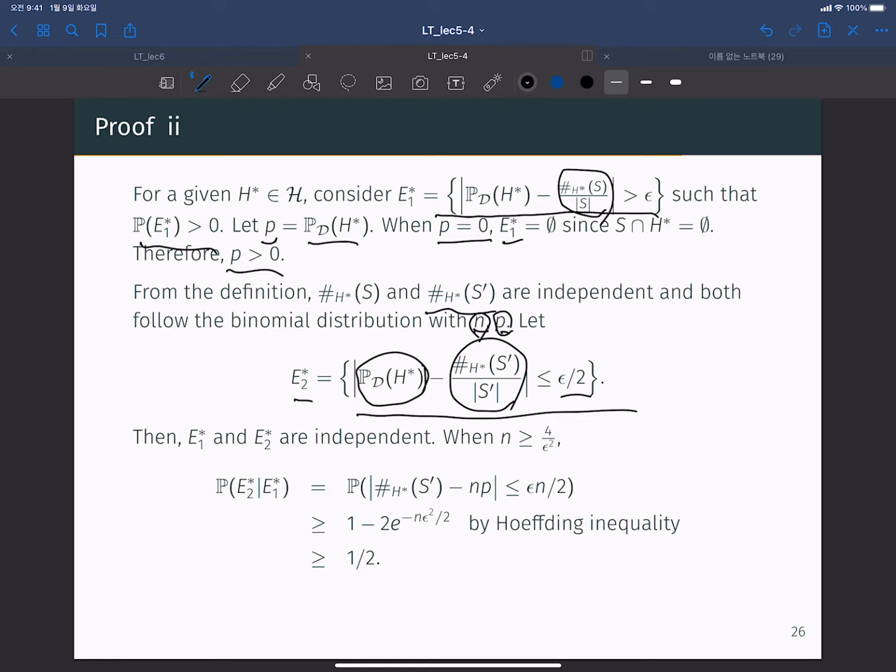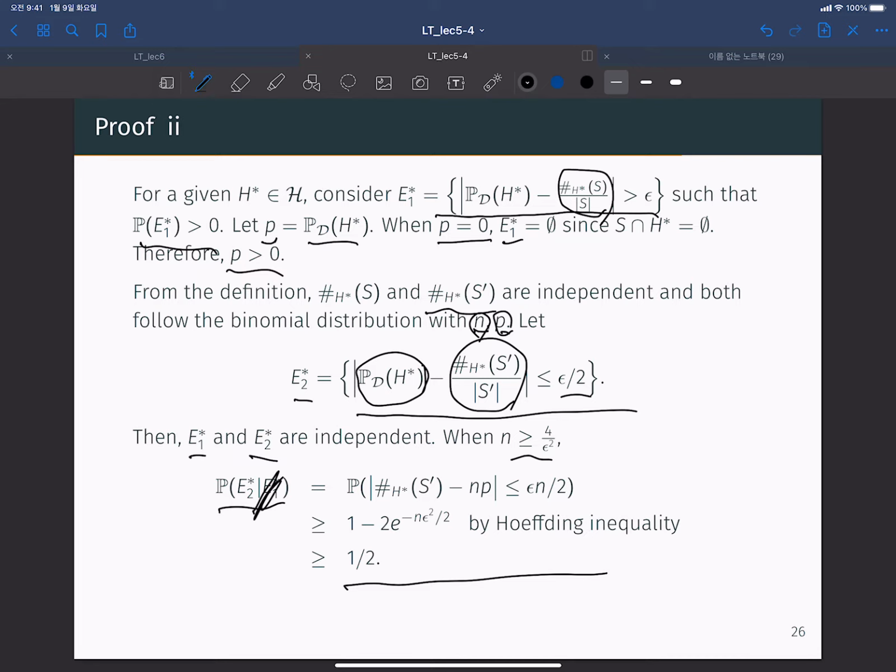Since S and S prime sampling are independent, E1 star and E2 star are also independent. And when n is greater than 4 over epsilon squared, from Hoeffding's inequality we can check this. Because E1 star and E2 star are independent, for the conditional distribution of E2 star given E1 star, we can ignore E1 star.